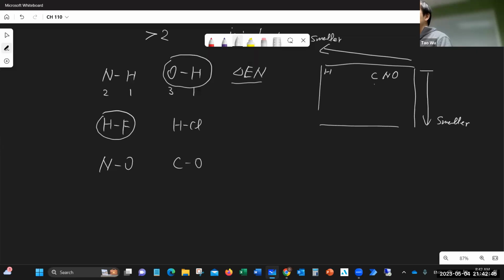So for carbon, you can assume this is 1. Nitrogen is bigger than carbon but smaller than oxygen, so you write 2. Oxygen should be the biggest number between those, you can write 3. So here this is 2 and 3, and this is 1 and 3. The difference here is 1, and this is 2. So which one has a bigger polarity? Obviously, carbon and oxygen will have a bigger polarity.